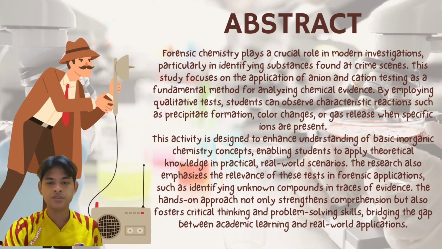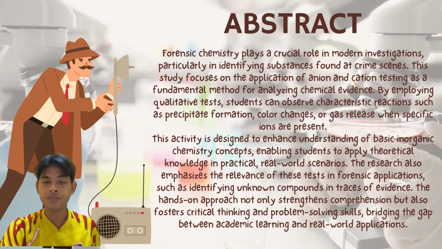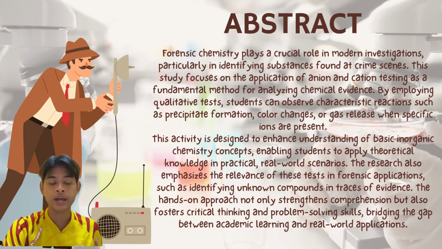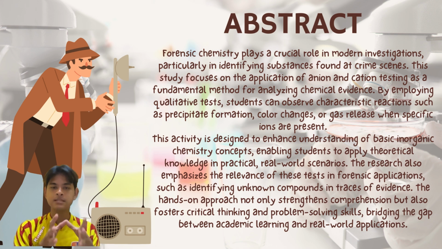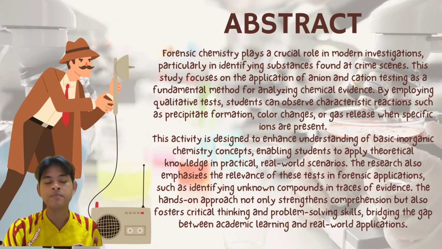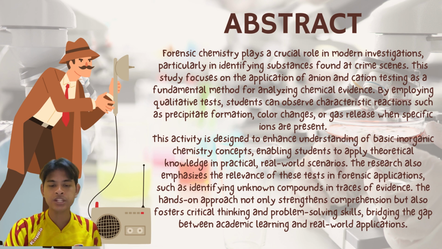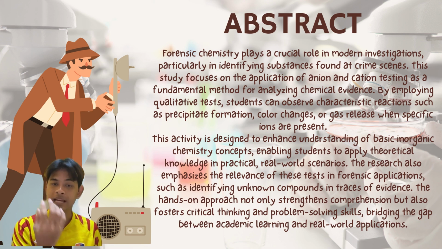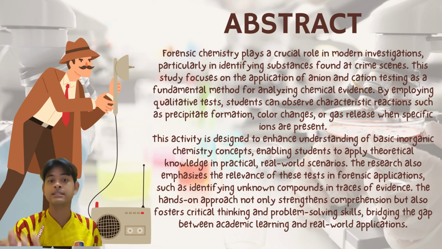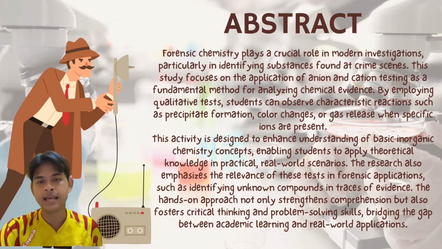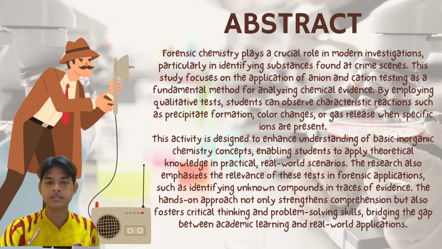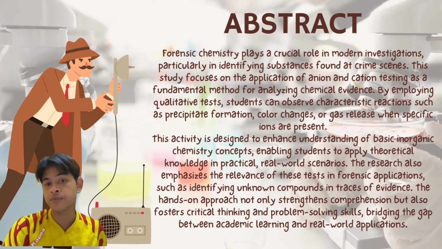So in forensic chemistry, we need to learn the applications regarding the anion and cation testing in order for us to analyze the chemical evidence. By applying the qualitative test, this kit actually helps the students to apply the theoretical knowledge, emphasizing the anion test and cation test that they need to learn in the KSSM syllabus in chapter 6, which is acid, base and salt in Form 4, right?